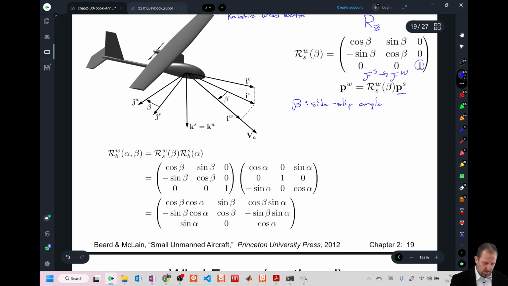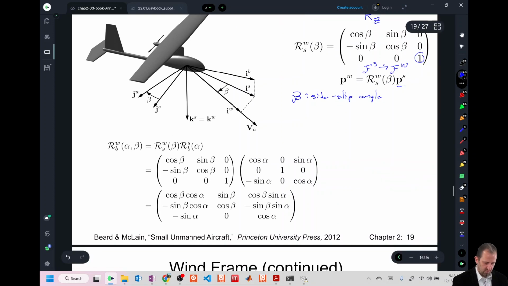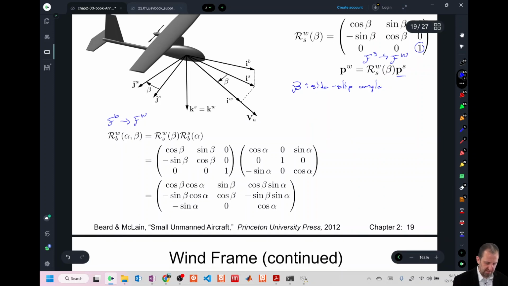Okay, then if we want to get our transform from our body frame to the wind frame, which we will use quite a bit, either that or its transpose to get from the wind to the body frame, we just chain these together, right? All we're doing is chaining these transforms.